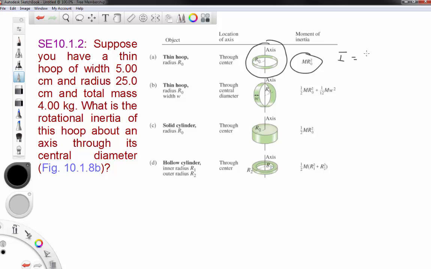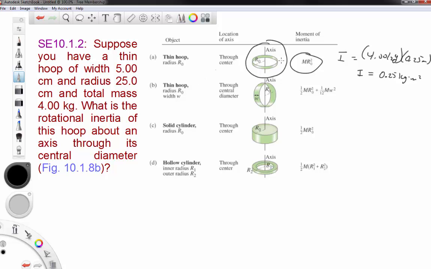So we would say something like I equals 4.00 kilograms times the radius, which was 0.25 meters squared. And so you'd end up with a moment of inertia of 0.25 kilogram meters squared.